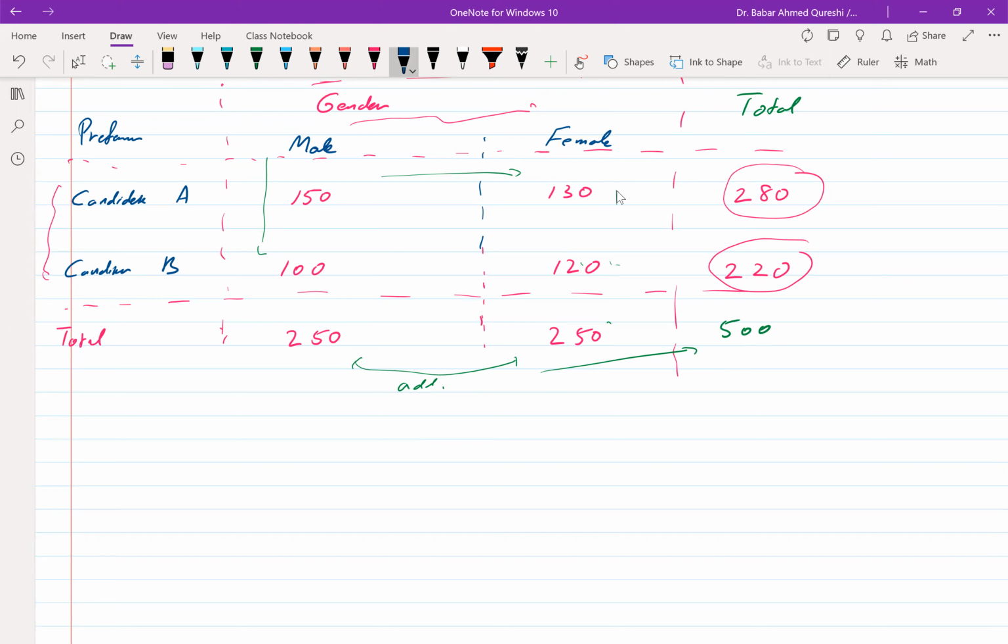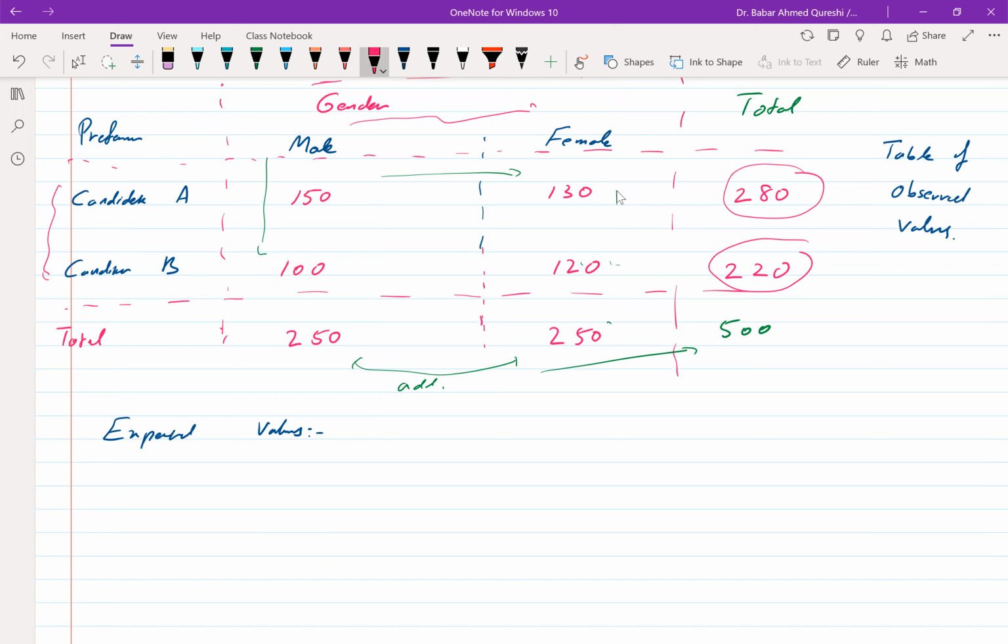This is a table of what we have observed, the table of observed values. I make a similar table of the expected values.